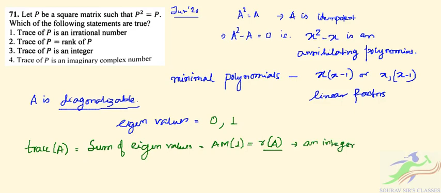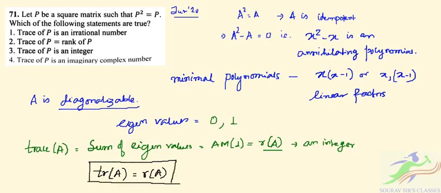So from here it can be implied that trace of A equals rank of A. And also rank of A is an integer, so the trace of A is also an integer.